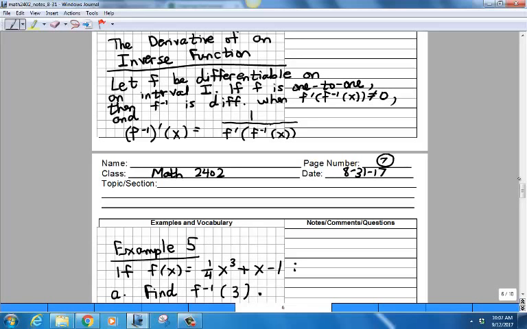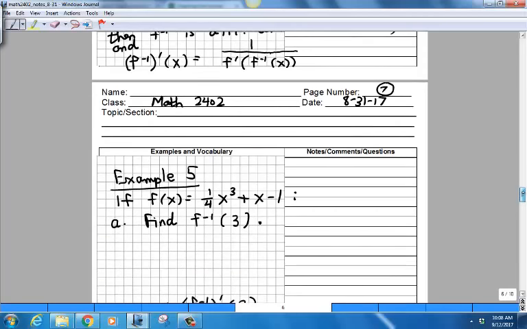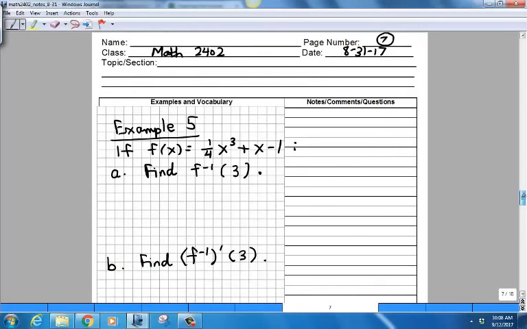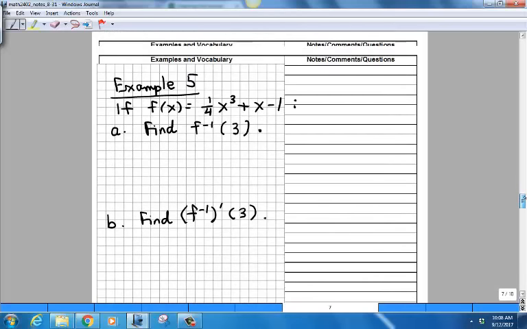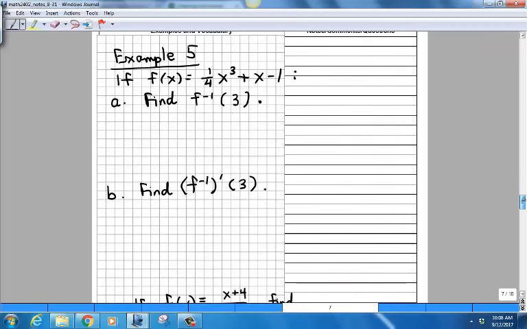Let's try that. I'm not actually going to find the formula for the inverse, but let's try to evaluate that at some particular number. Suppose we've got this function. So f of x is 1/4 x cubed plus x minus 1. There is the original function.